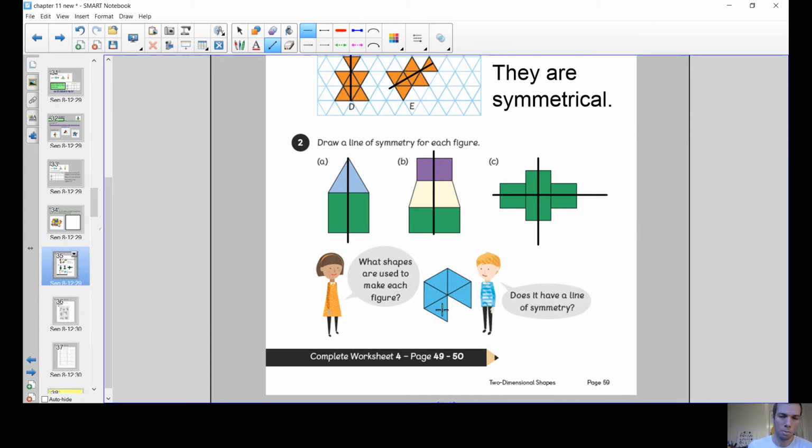It is made up from 1, 2, 3, 4, 5 triangles. Does it have a line of symmetry? Well, if I start right in the middle over here, this one does have a line of symmetry because we could fold it across that line to see.